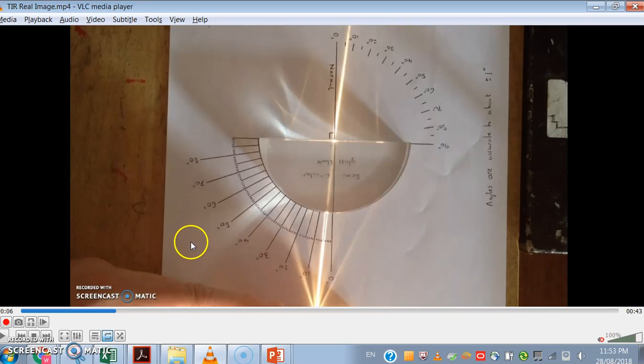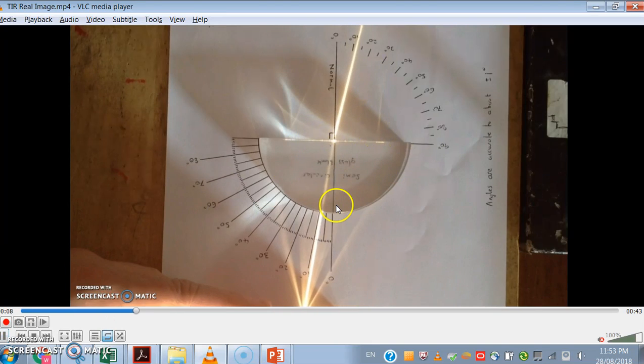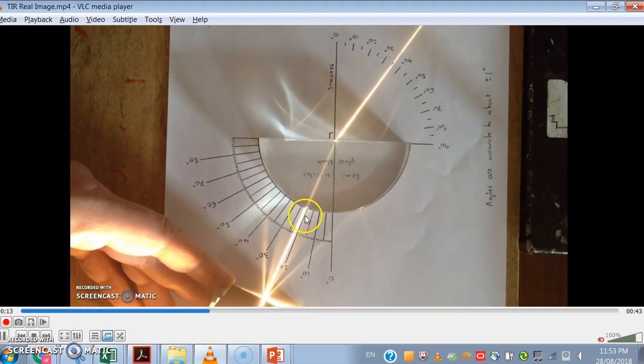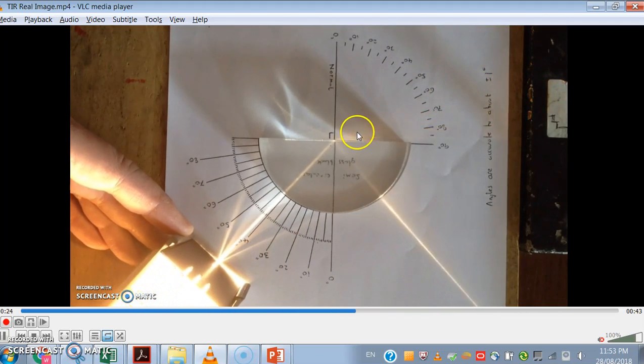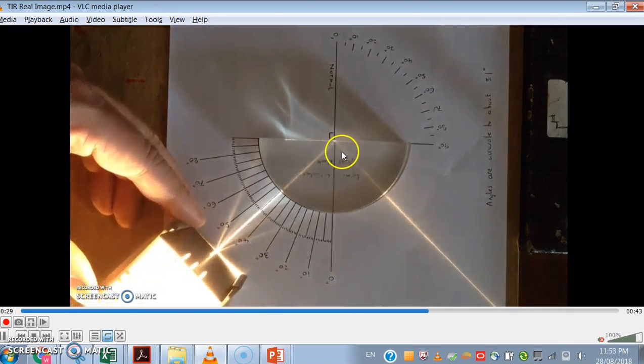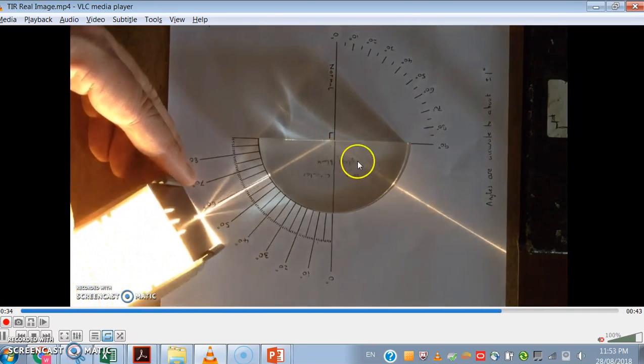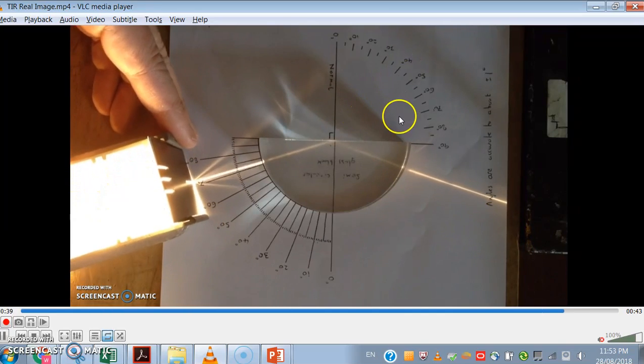So just to show you a bit of a demonstration, let's observe the behavior of the refraction. As I increase the angle of incidence, you can see my angle of refraction also increases until, boom, it reaches a particular point whereby, what happens? Oh no, no more refracted ray, only reflected ray.